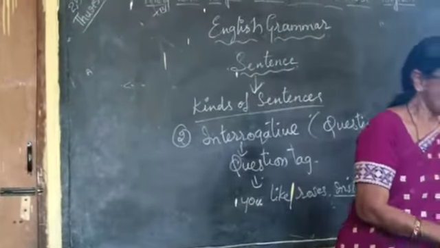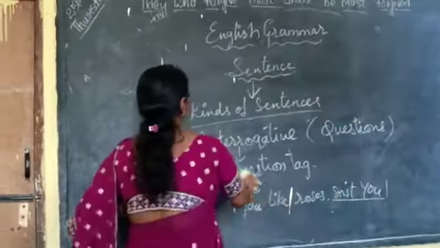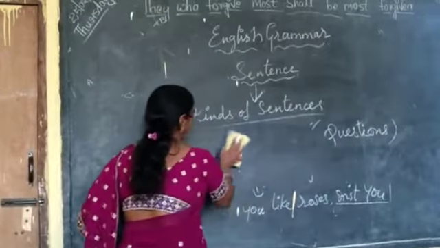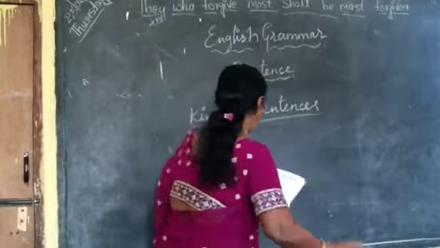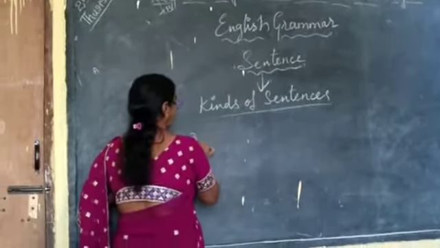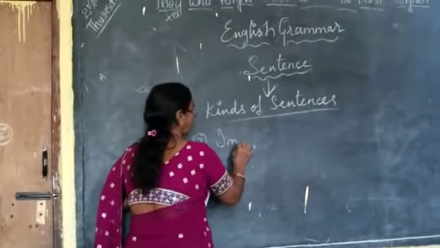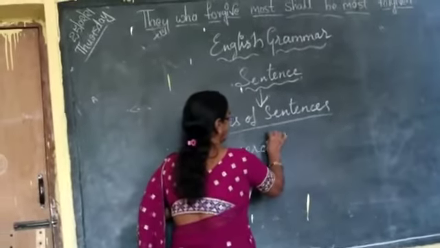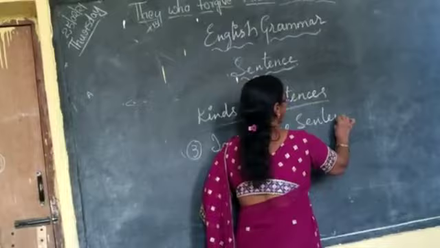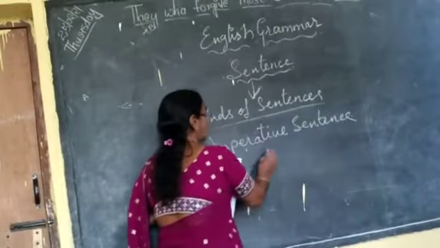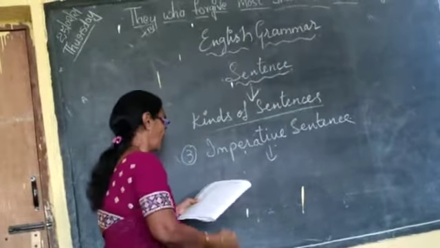So after that, the third one is imperative sentence. Now, what is imperative sentence?